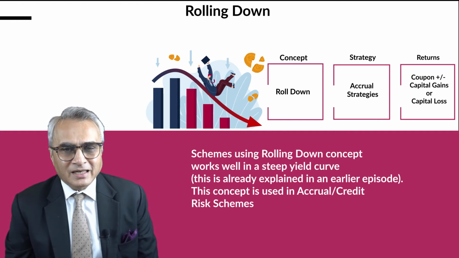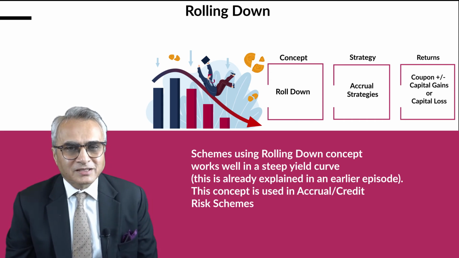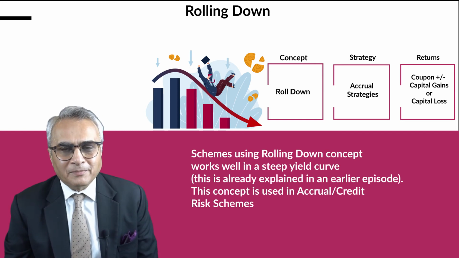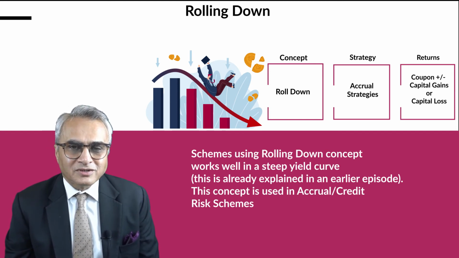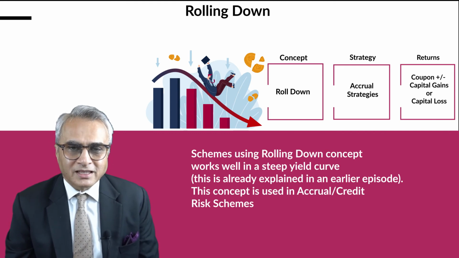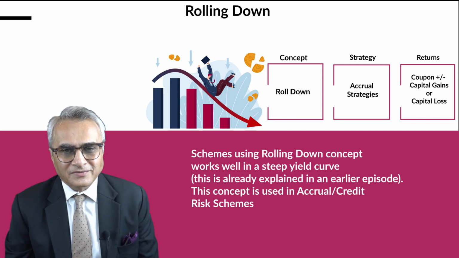In our example, 18-month paper was quoting 8%, a 6-month paper was quoting 6%. Naturally, along with the accrual of 8%, it will generate capital gains because the interest rates would have come down from 8% to 6% as far as the 6-month residual maturity paper is concerned.